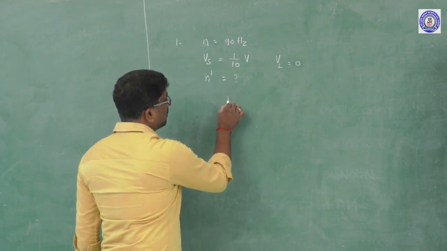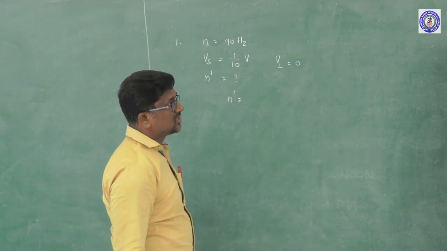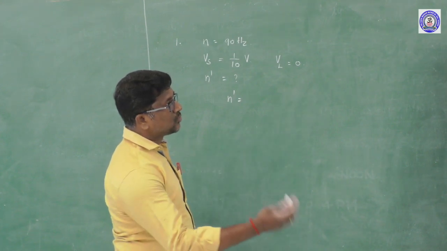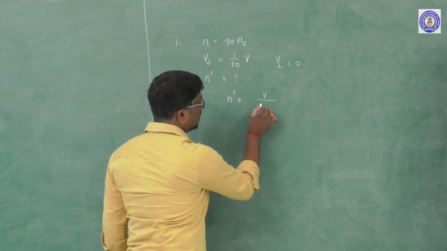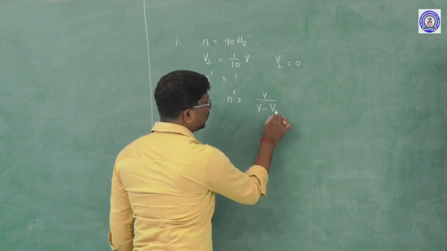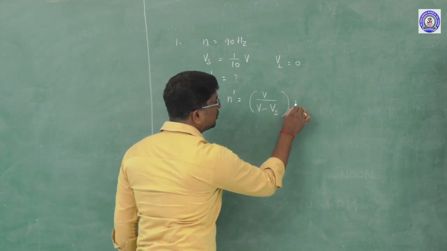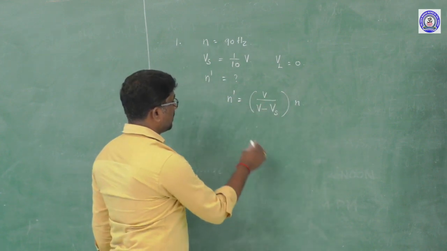And the formula for apparent frequency as the source moves towards a stationary observer is n prime is equal to V divided by V minus Vs into n. Right.